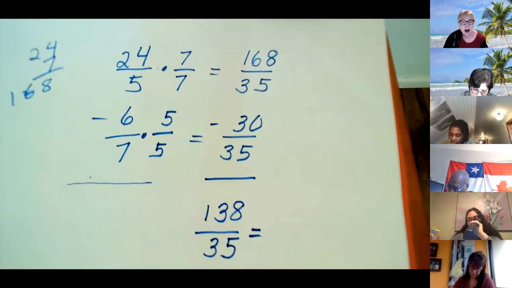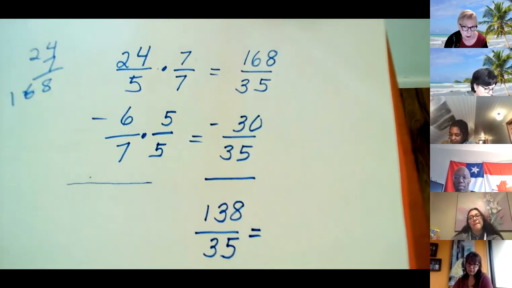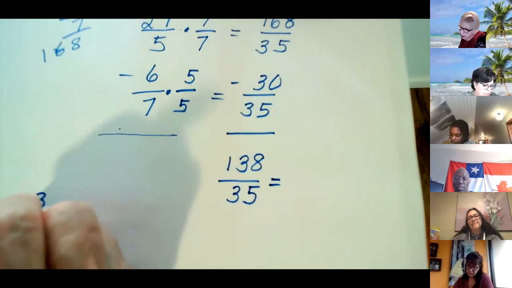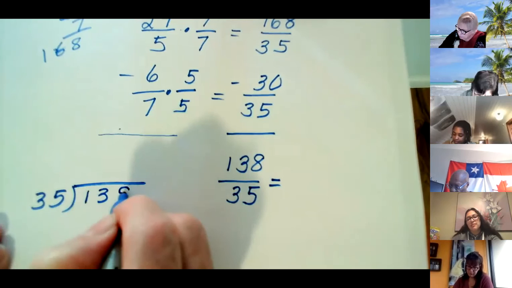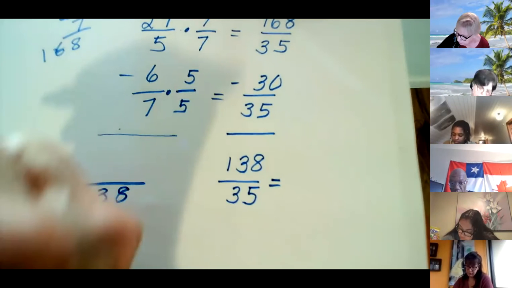At this point in time, I think they expect you to make it a mixed number. And so you either pay at the beginning or later. 38. I think it's 3.